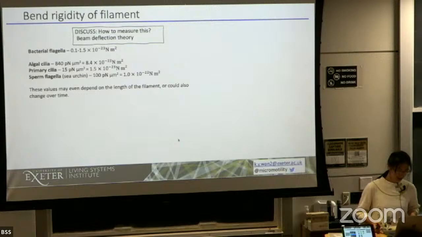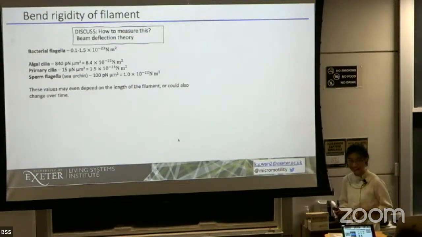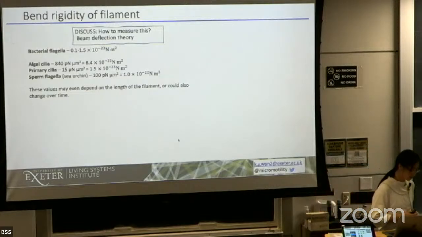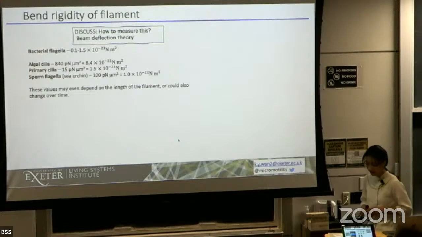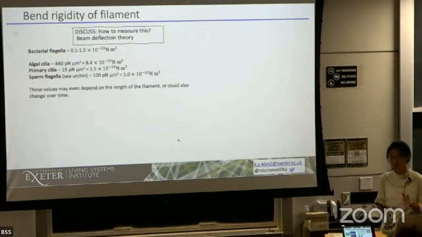And so from this, you can appreciate that the persistence length of these filaments is also directly related to this bending rigidity, which is a property that is very difficult to access experimentally in the literature, and yet it's such a critical parameter.